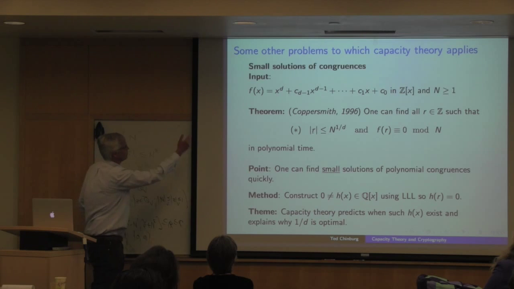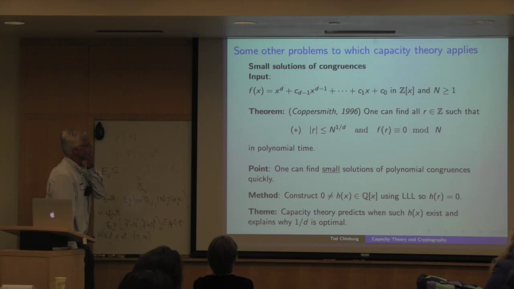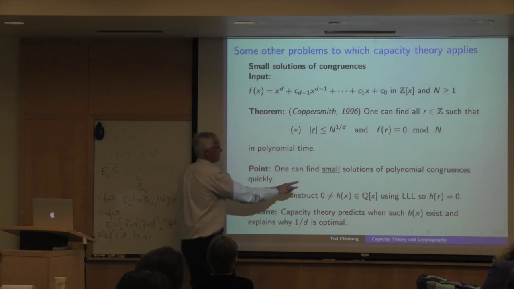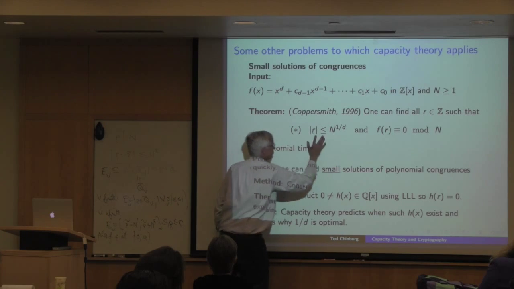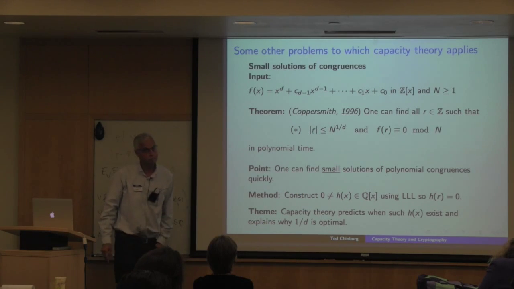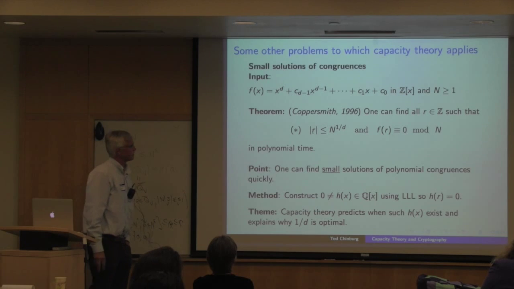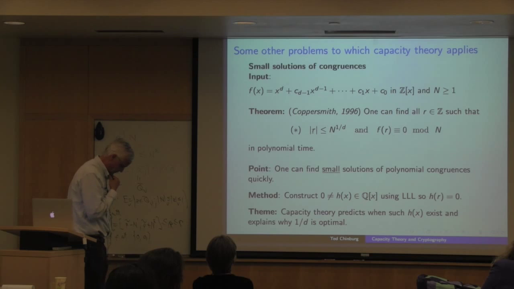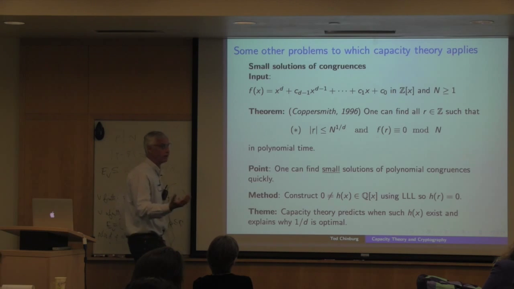If you take a monic polynomial of a given degree and you pick a large integer n, suppose that you try to find all the integer solutions of a congruence which are small. In general, it's impossible to find all the solutions of this congruence that are less than n.